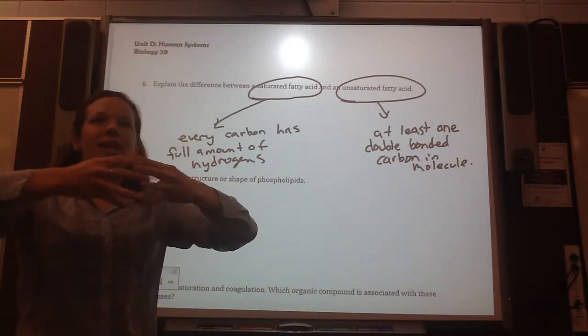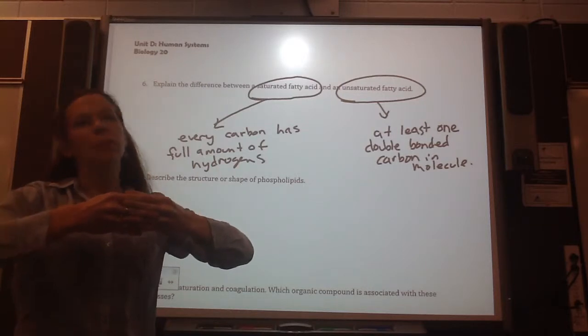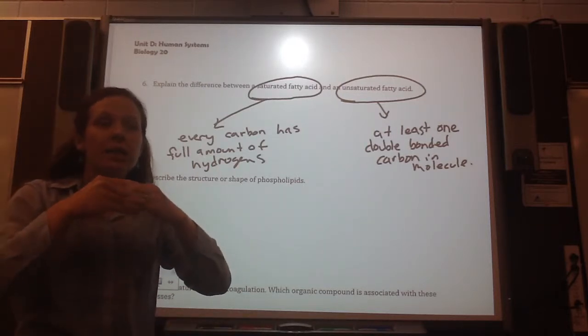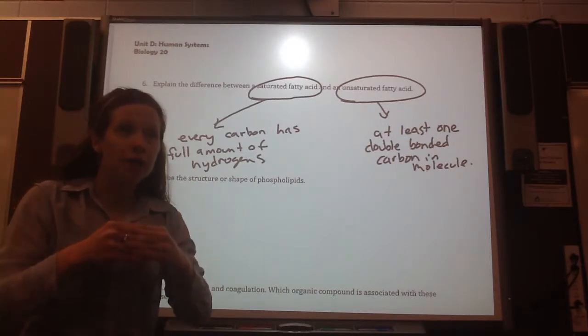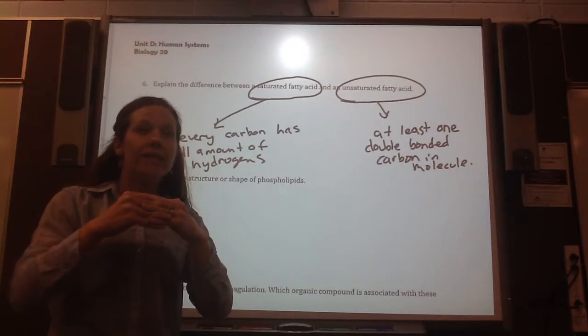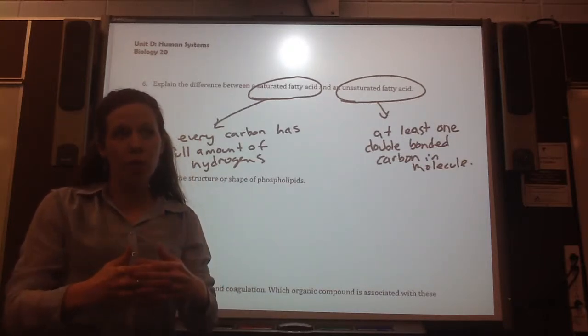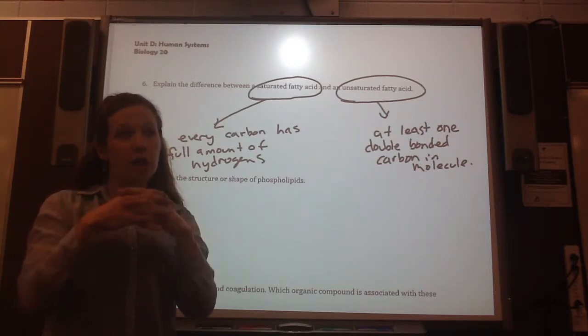So if you have a lot of saturated fatty acids, when your blood is trying to transport these lipids, they get stuck and clog your arteries. So saturated fatty acids are harder for your body to process and transport, and then you get clogged arteries.